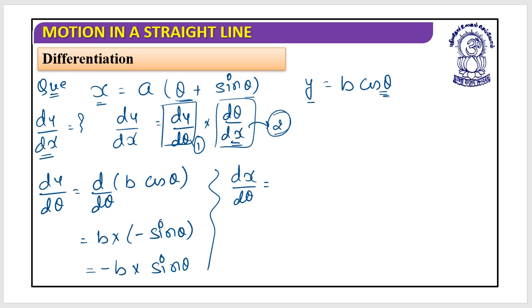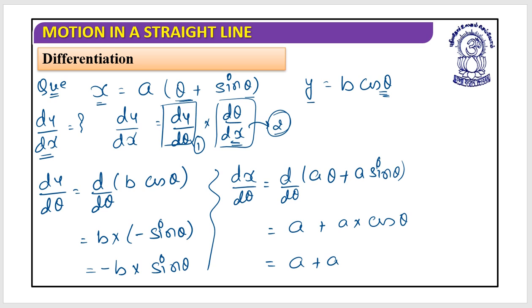dx by d theta is d by d theta of a into theta plus a into sine theta. This equals d by d theta of a theta, which is a, plus a into d by d theta of sine theta, which is cos theta. So the terms that remain are a plus a cos theta, but this is dx by d theta. Now let's move further.